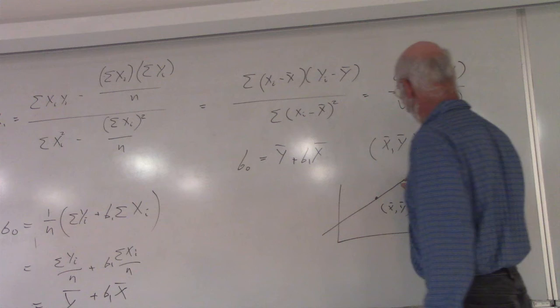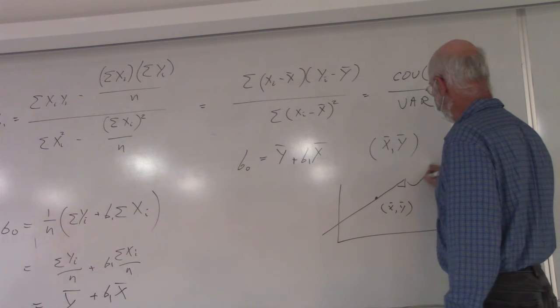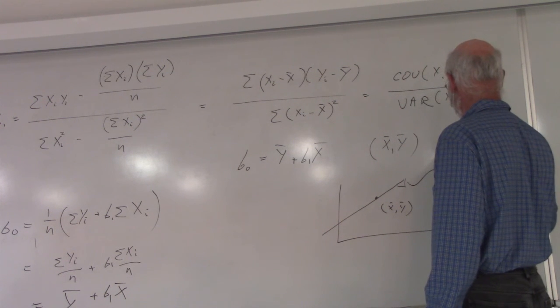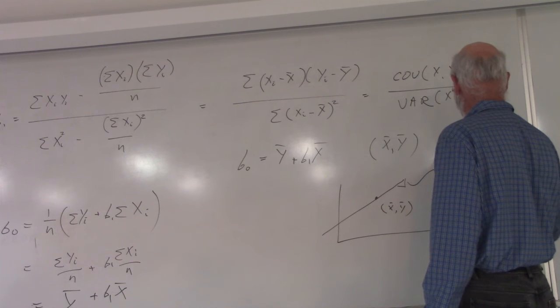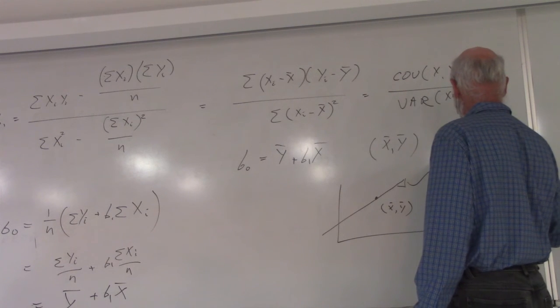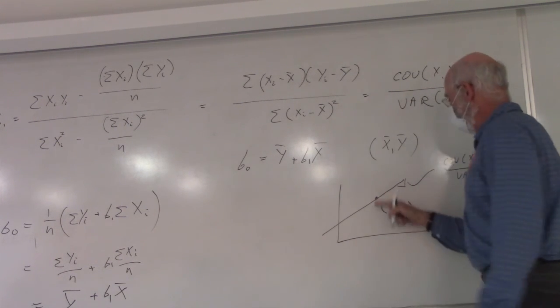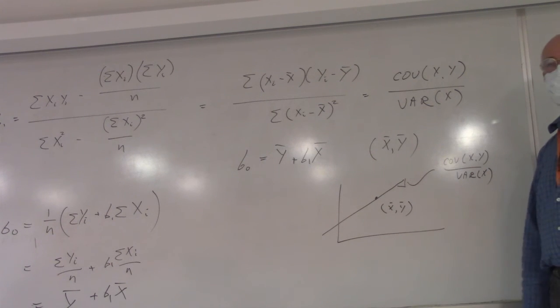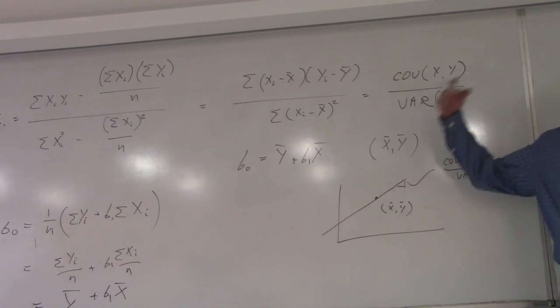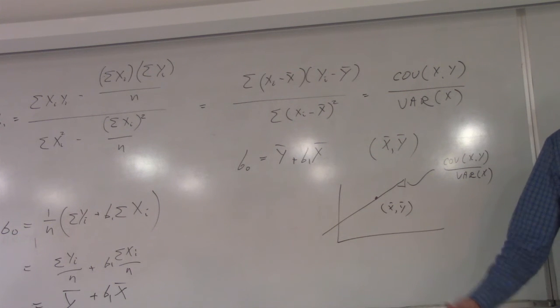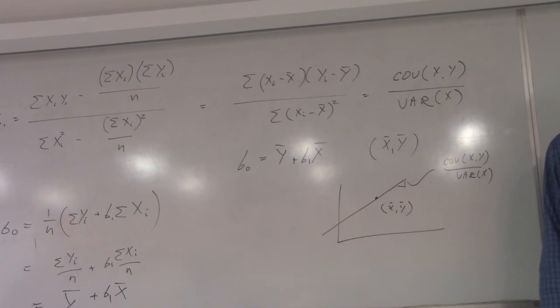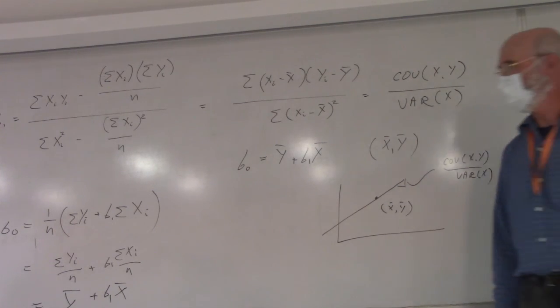There's your perfect slope. The slope is equal to the covariance of x and y divided by the variance of x, and the line goes through that point right there. It doesn't get any easier. That is the best fit line.